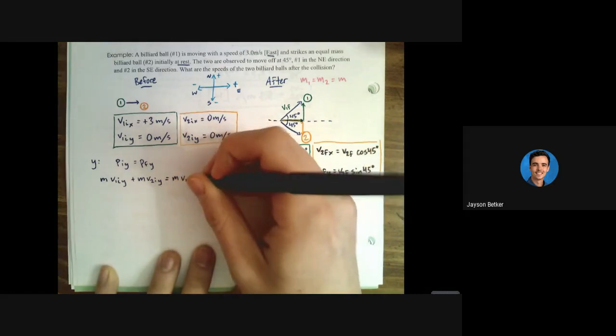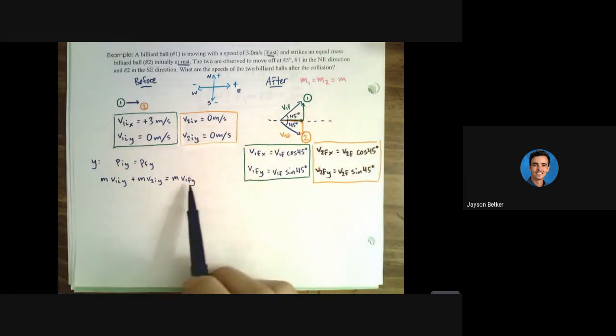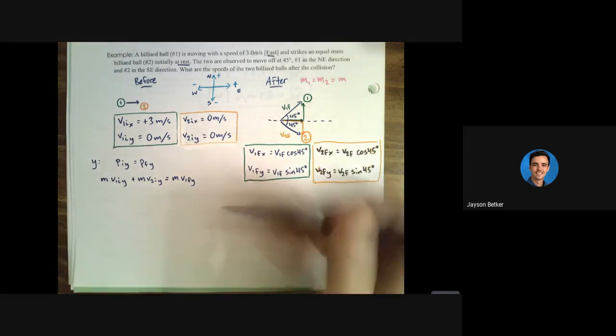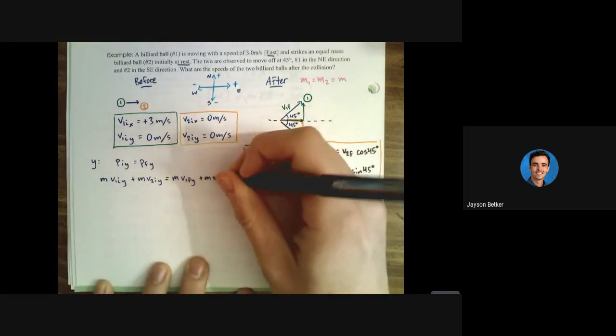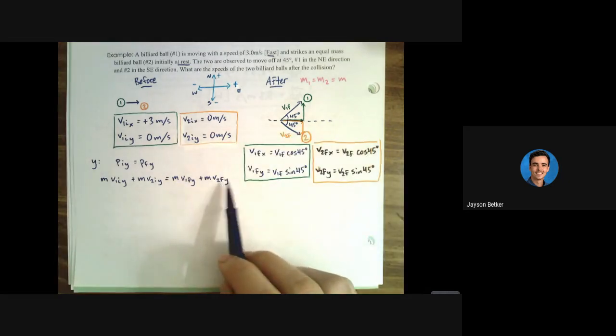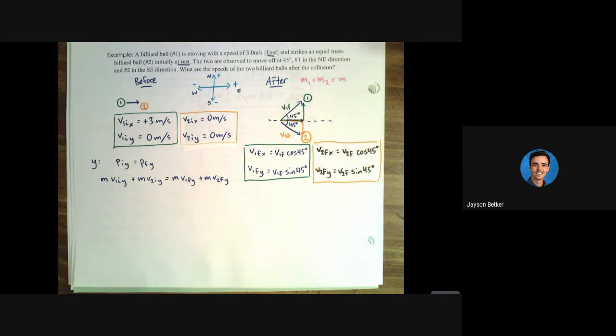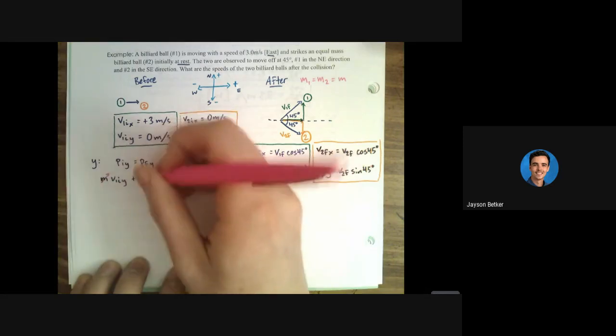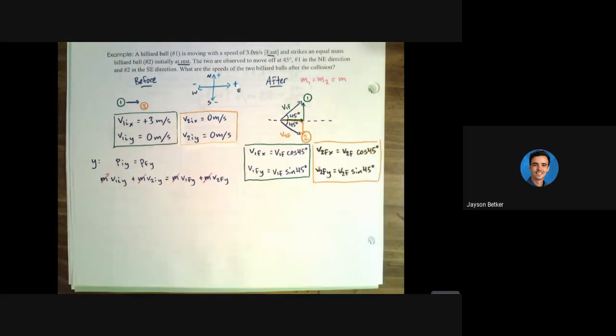So that's m times V1FY, the final velocity in the y direction of ball number 1, plus m times V2FY, the final velocity in the y direction of ball number 2. Now what we see here, because all these masses are the same, is that I just need to cancel these. Because mass shows up in every single term, it's going to cancel. So we're not even concerned with mass.